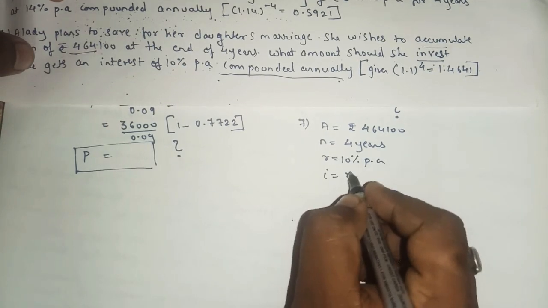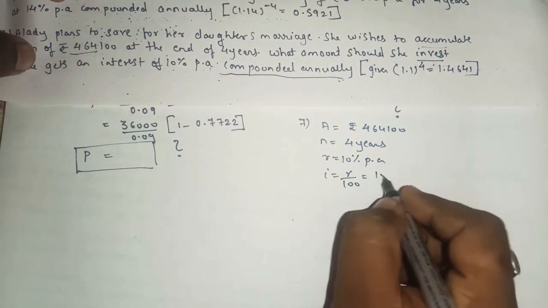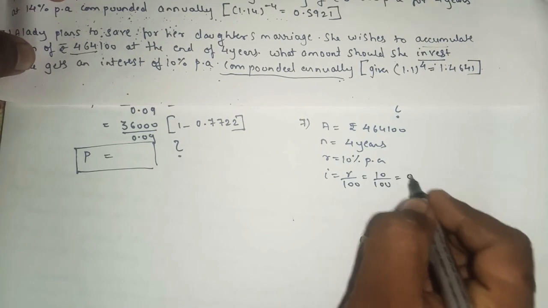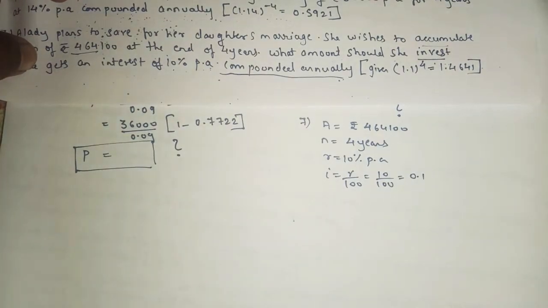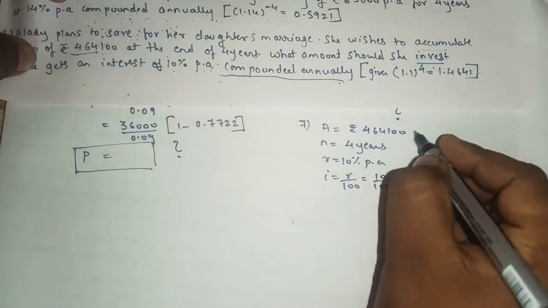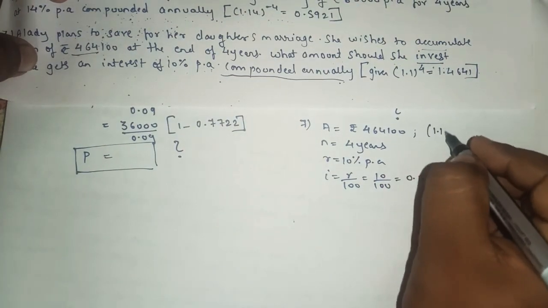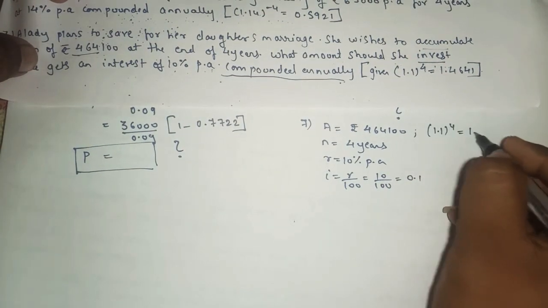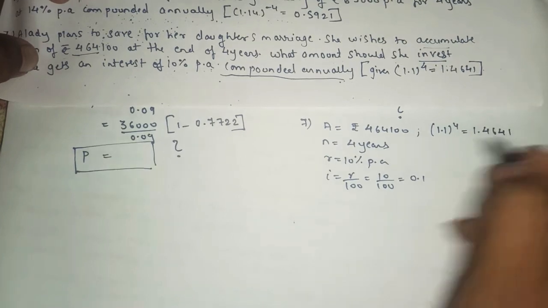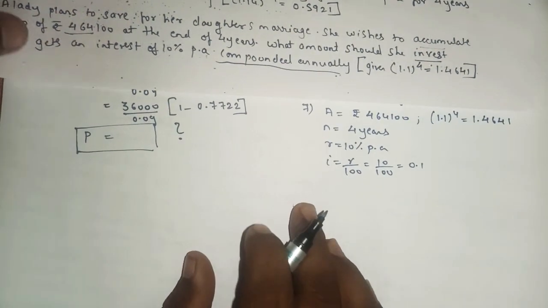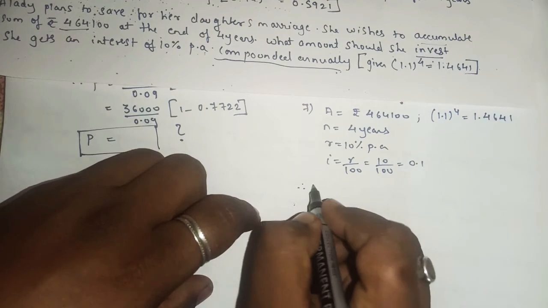So I equals R upon 100, so 10 upon 100 is 0.1. Yes or no? And for this sum also we have the value 1.1 raised to 4 equals 1.4641.